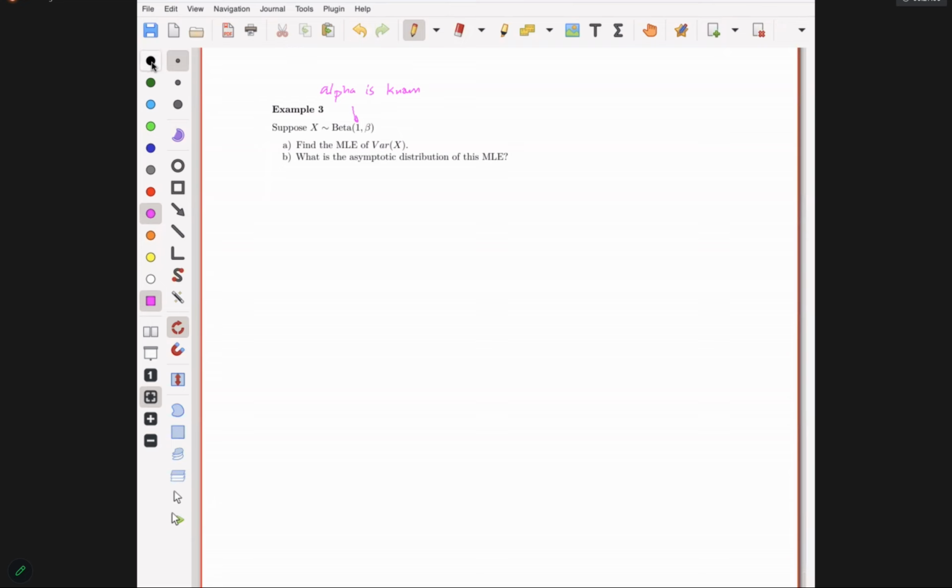For part A, we're asked to find the maximum likelihood estimator of the variance of x. So what is our first step to this? Okay. So first step is to find the likelihood function.